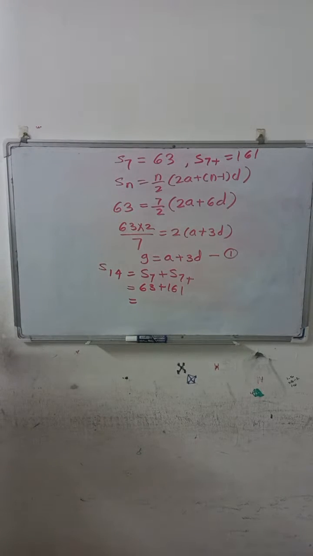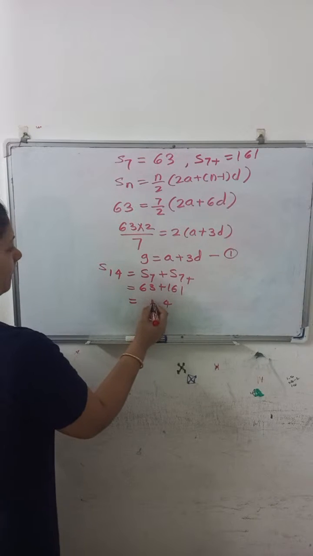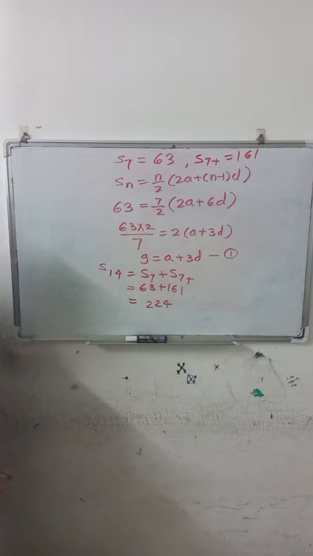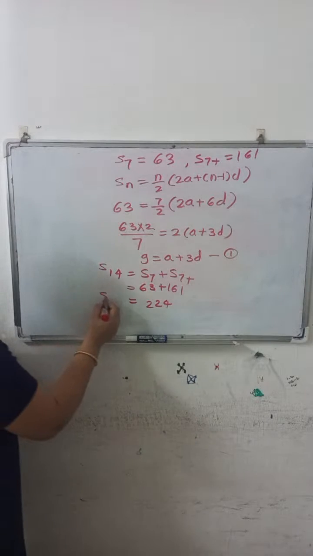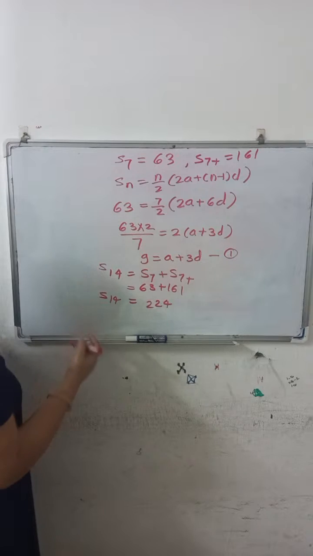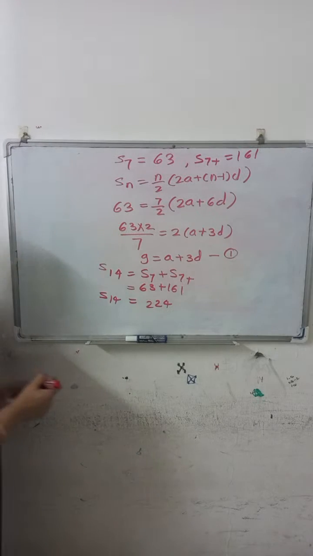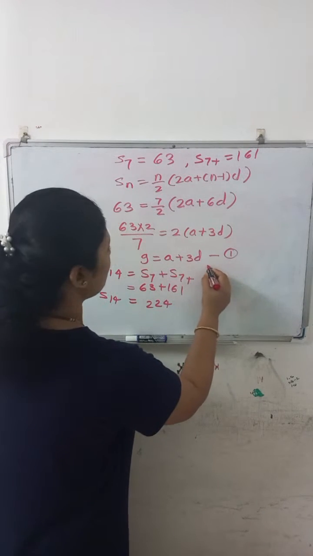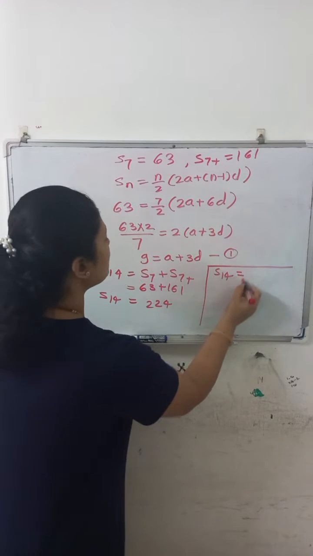The sum of 14 terms is nothing but how much? 224. S14 is 224. Once you get S14, in the first case we know, the total terms are 14. So can you calculate the sum of S14 using this?